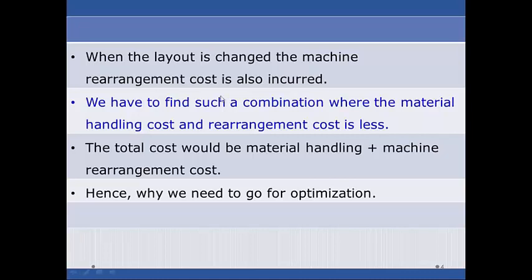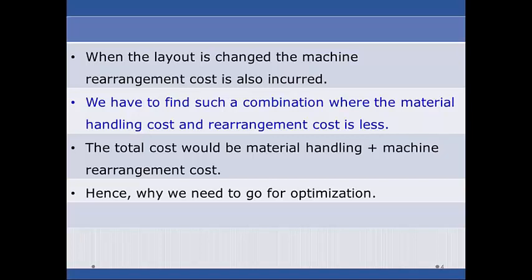Now here, the total cost we have assumed is the material handling cost plus the machine rearrangement cost. Machine rearrangement cost means we are moving that machine from one place to another, or we are changing the layout of the machine. So this will require some time.